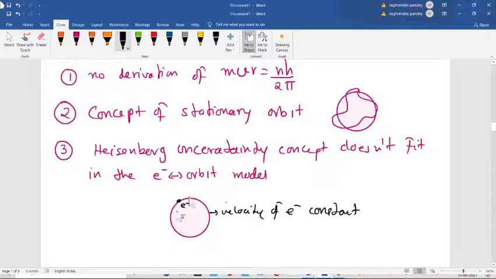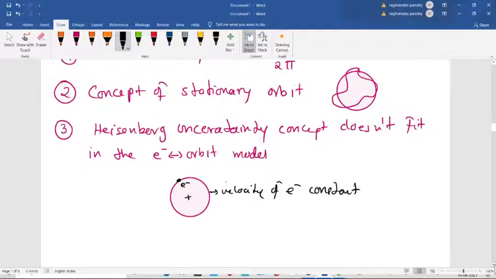It is not going anywhere here and there. Once it is determined, it stays. When the velocity is constant, we know the mass of the electron, so we can calculate the momentum. Position also we can easily determine because it is going in a circle. So this uncertainty concept doesn't fit in the electron orbit model. That's why again the Bohr model is not that much accepted.